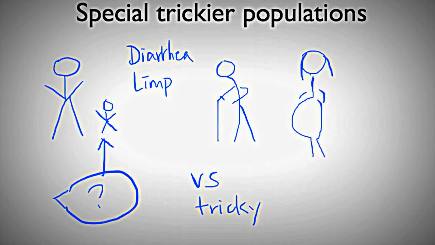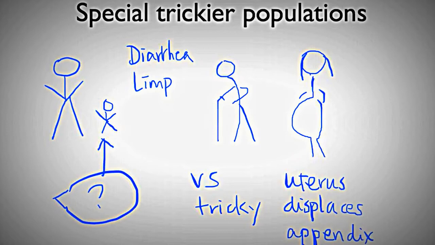In the pregnant patient, the uterus might be moving the appendix to an area that's no longer where it usually is, making the pain more atypical. The last group are the patients that we always worry about infection.